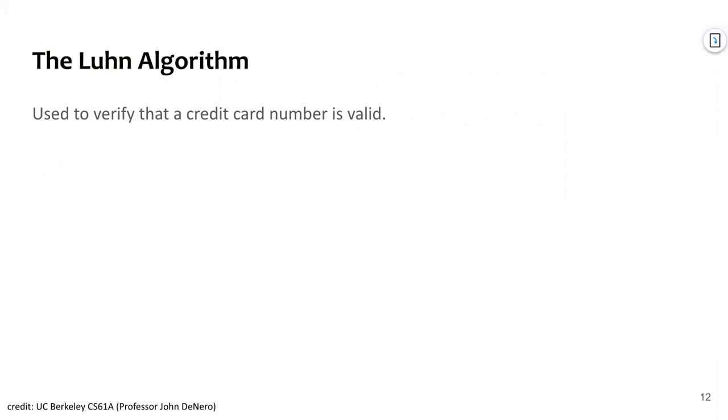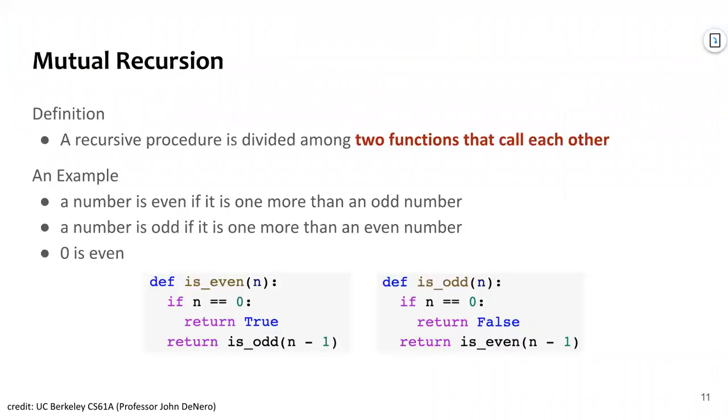And I'm going to give you another example of mutual recursion. This one was quite simple, and in practice, we don't implement is even or is odd functions this way. We just use the percent operation. That is much more intuitive, right? So I'm going to talk about the Luhn algorithm.